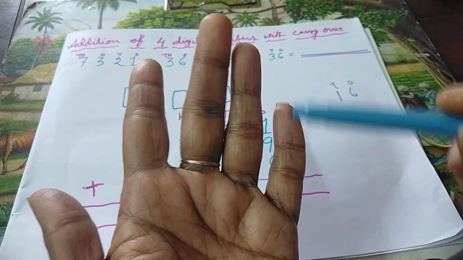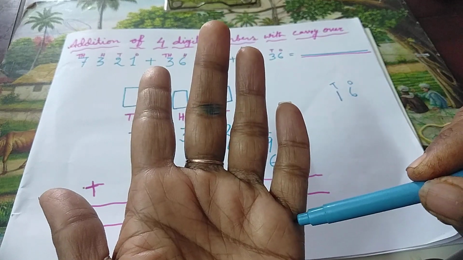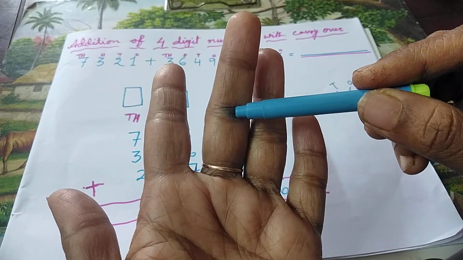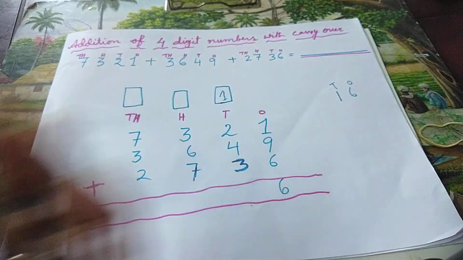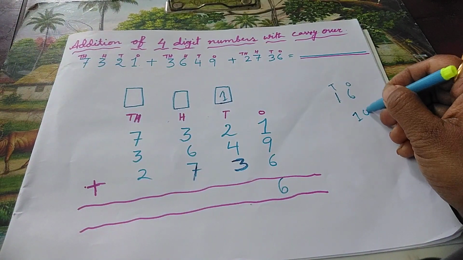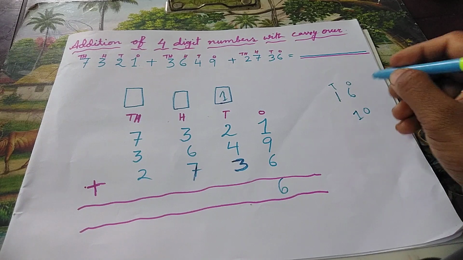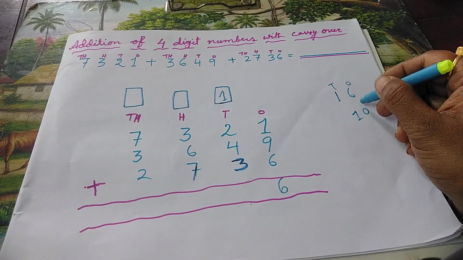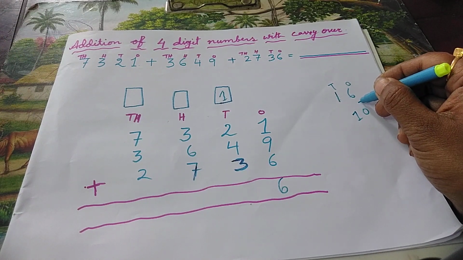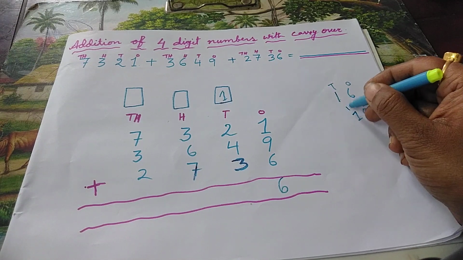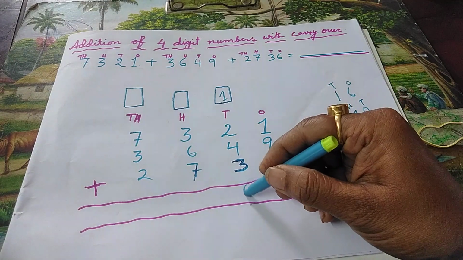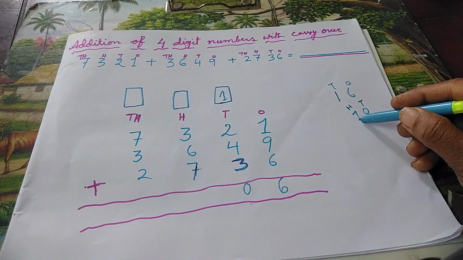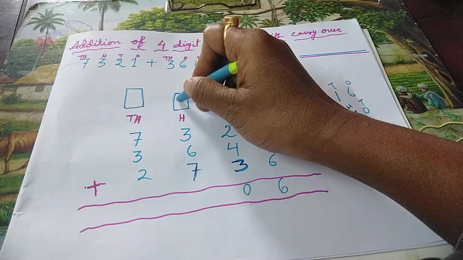So children, from here to here, total how many lines are there in all? 1, 2, 3, 4, 5, 6, 7, 8, 9, 10. 10. Okay. So 0 belongs to tens place. 1 belongs to hundreds place. Okay. So 0 will sit in tens place and 1 will carry in hundreds place.